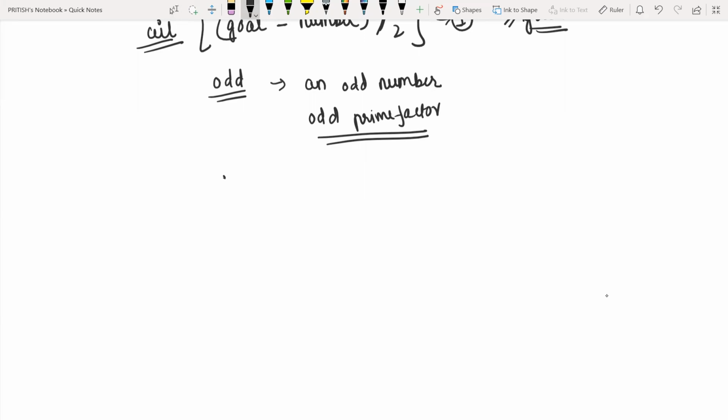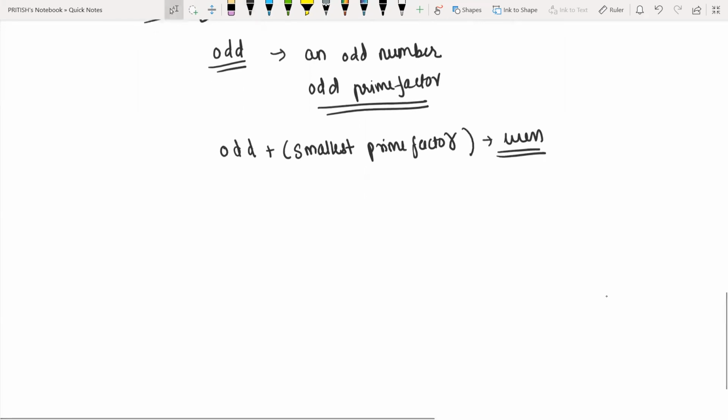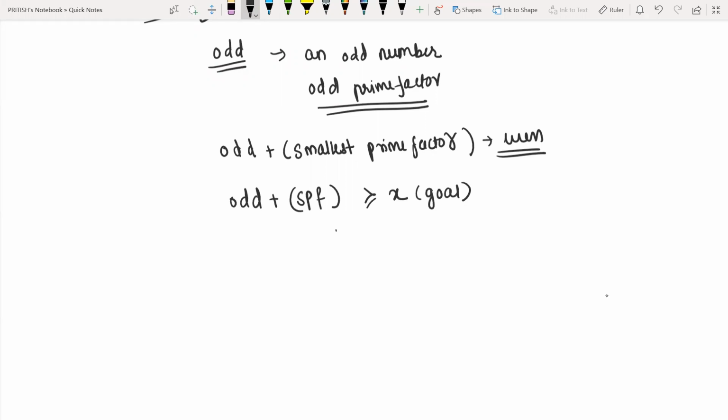So thus, if we add to an odd number its smallest prime factor, it will be even. Okay. And now we have to check if odd plus smallest prime factor is greater than or equal to x, the goal, it means we have reached our target.